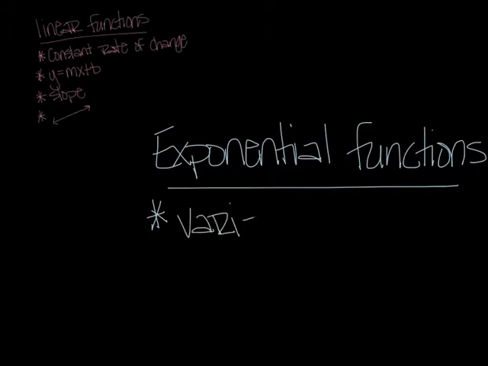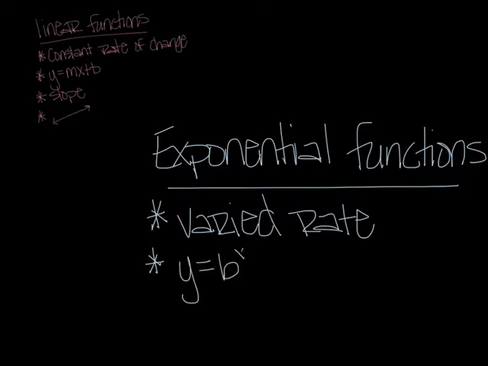So a varied rate of change. They would fit in the form y equals b to the x plus c. And they would look like a curve.